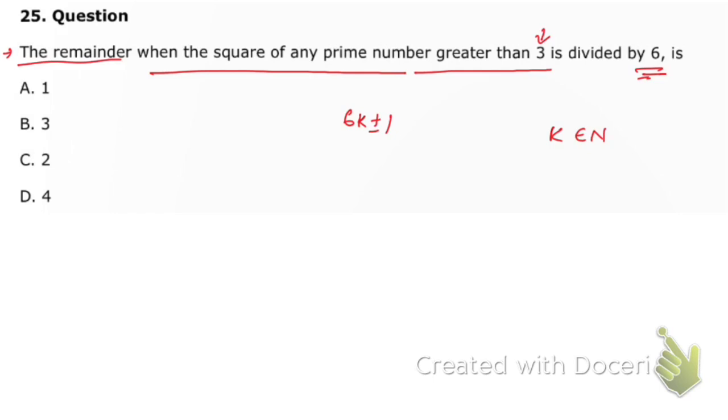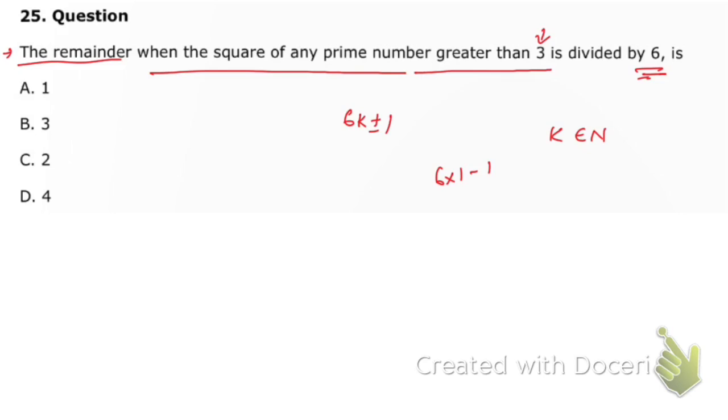To be greater than 3, here we must take at least 6k plus 1 or minus 1, because we know 6 minus 1 is equal to 5, which is the next prime number after 3. So if k is 1, 6 into 1 minus 1 is 5.